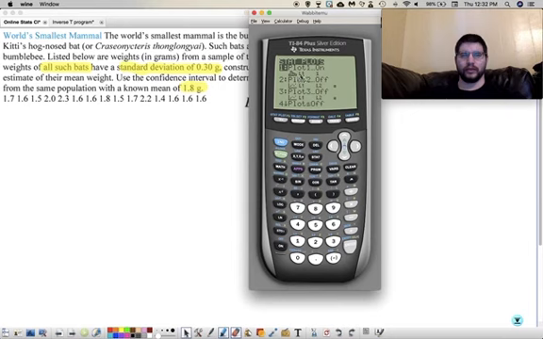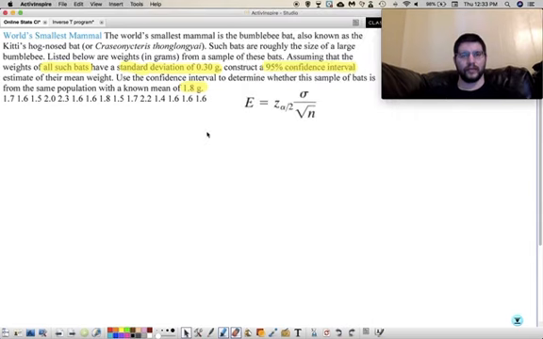Let's see, plot on. I'm going to zoom to stats. It's really not that normally distributed. But we can assume that the population is, I guess.